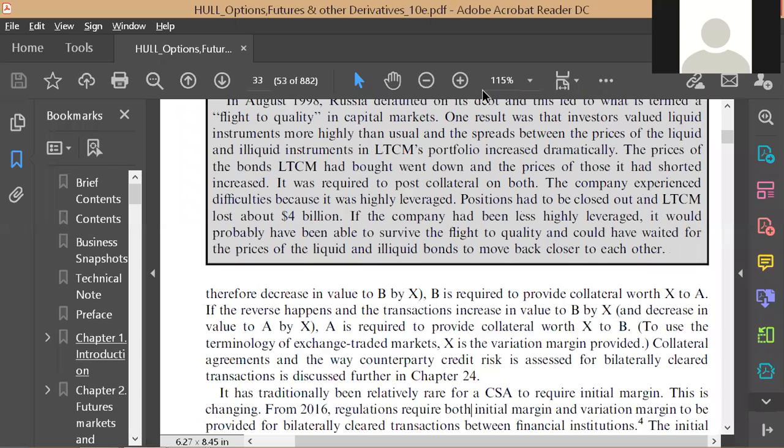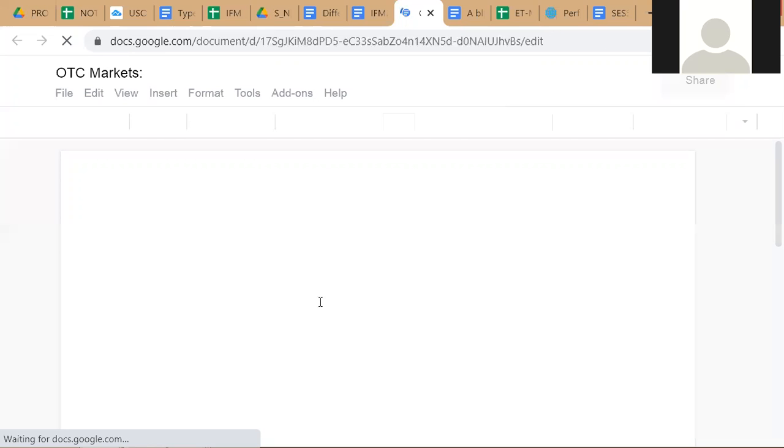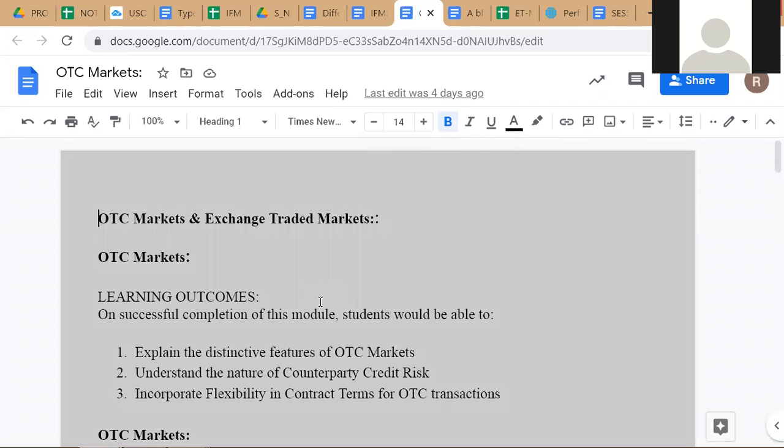A similar kind of idea has been expressed here in Figure 2.2. Here he's shown the traditional method of operation of OTC markets. You can read more about it in the textbook as well. We don't actually need it. It's the same thing.